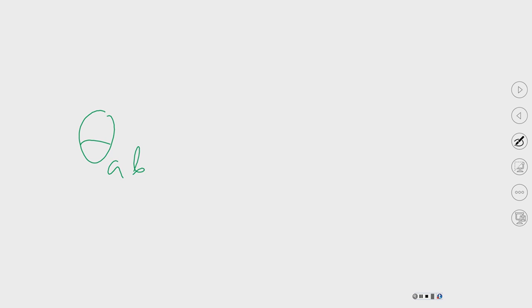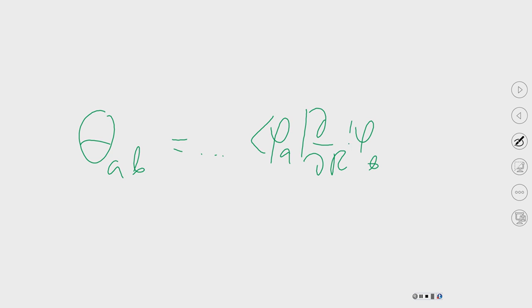Non-adiabatic is some constants times phi a, d dr of phi b, times p. It misses some constants, but it is a thing that is possible to memorize, at least for me.